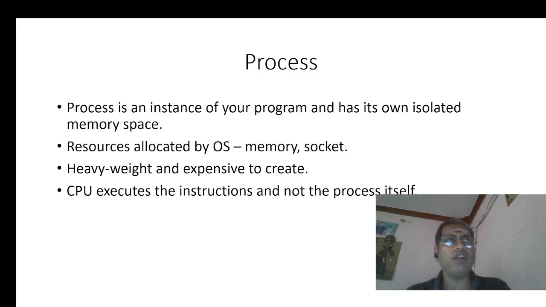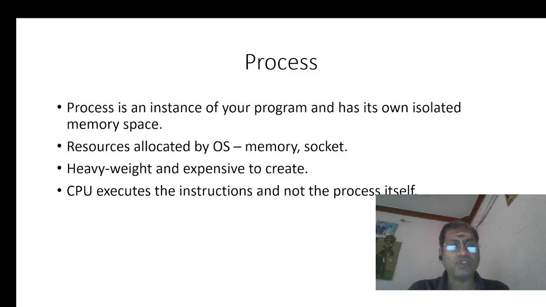Now, before going into what is reactive streams, the manifesto or the specification which was created in 2013, and to know about reactive programming to start, let's talk about what is a process, what is a thread, and what is a scheduler. A process is an instance of your program and has its own isolated memory space.